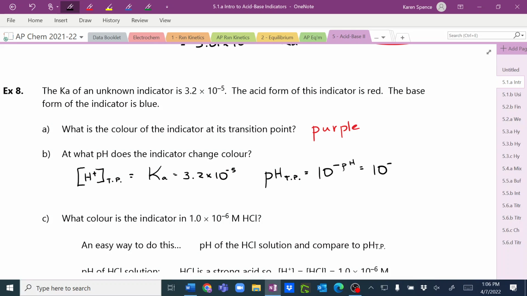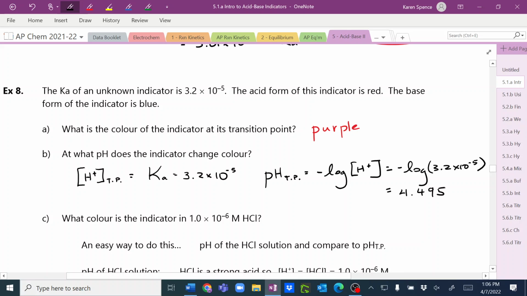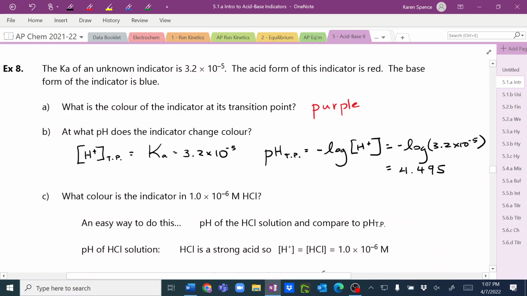Did we get the same number? Okay, what should the sig figs be?